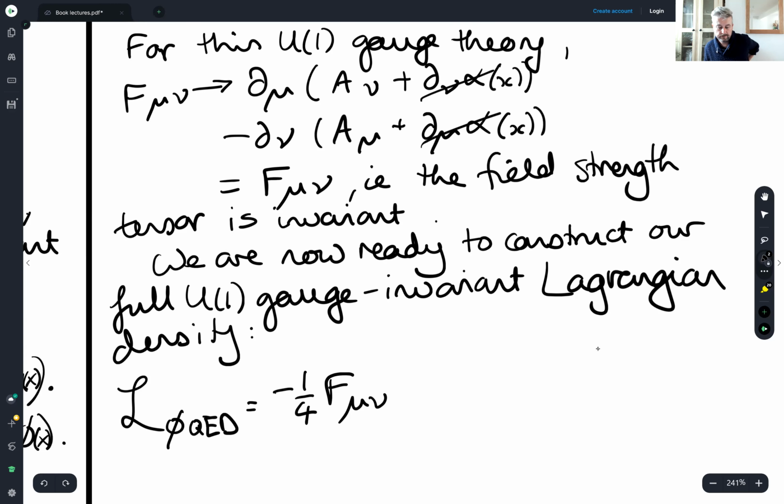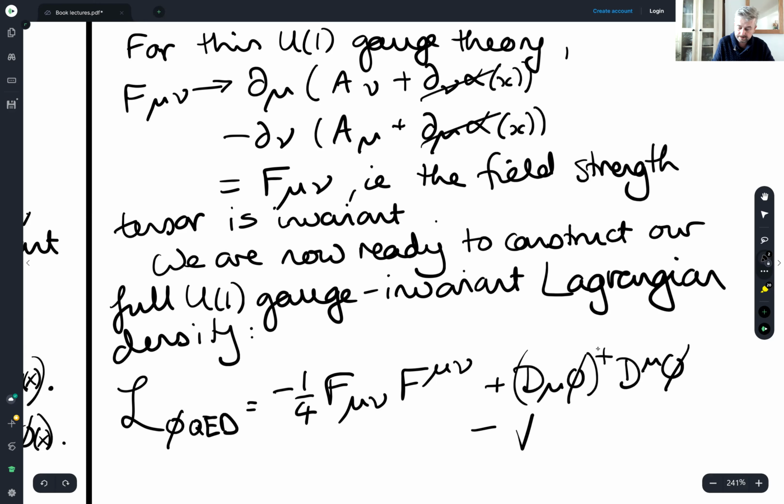F mu nu on its own is invariant, but this has mass dimension 2. We want something of mass dimension 4, and furthermore, we need to soak up these Lorentz indices. Remember, they need to be summed over, otherwise the term won't be Lorentz invariant. So if we want a Lorentz invariant quantum field theory, we need to sum over them, and that's the correct way of doing that, given that mu and nu are antisymmetric. Plus D mu phi dagger D mu phi minus some potential which depends on phi dagger phi.